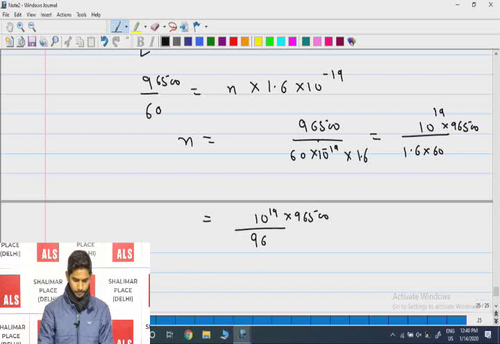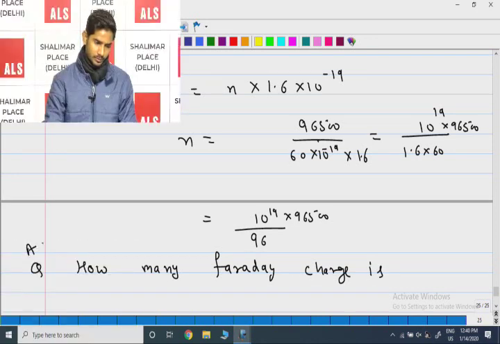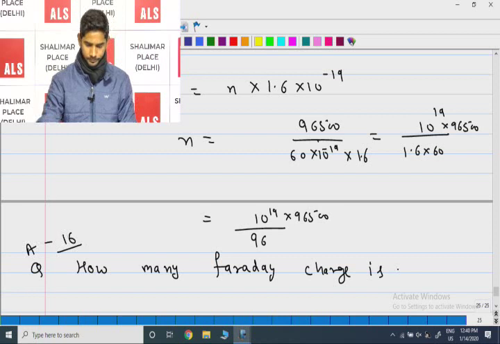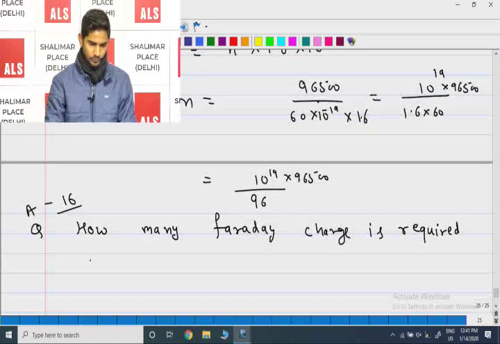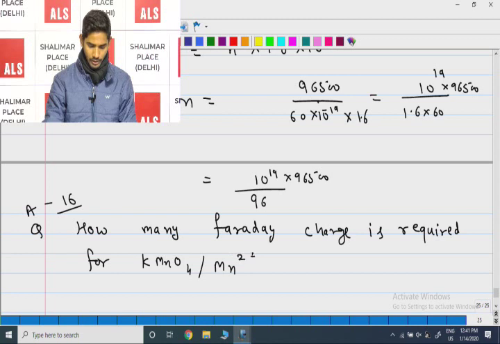Next question. How many farad charge, this is in AIMS 2016, is required for KMnO4 to Mn2 plus.